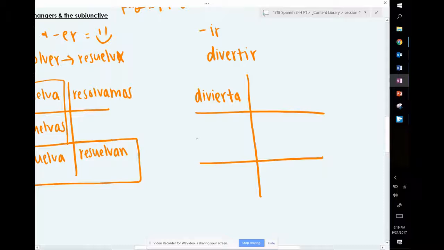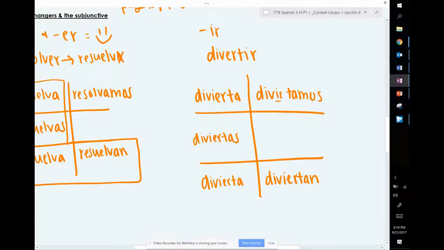Yo form divierta, diviertas, divierta, divirtamos, diviertan. What's going on up here in nosotros? There is a stem change happening in the nosotros form, but it is not the same E to IE stem change that's happening everywhere else in the verb. This stem change, E to I, is similar to what we see with the sandal verbs in the preterite.